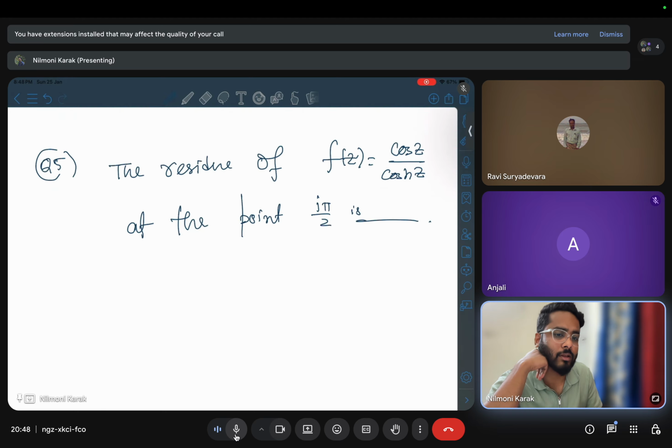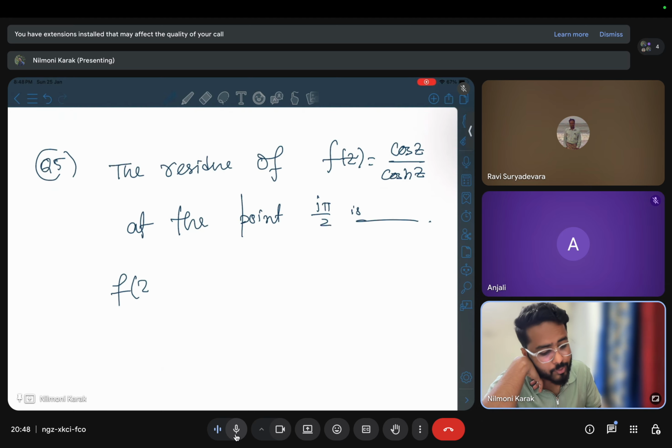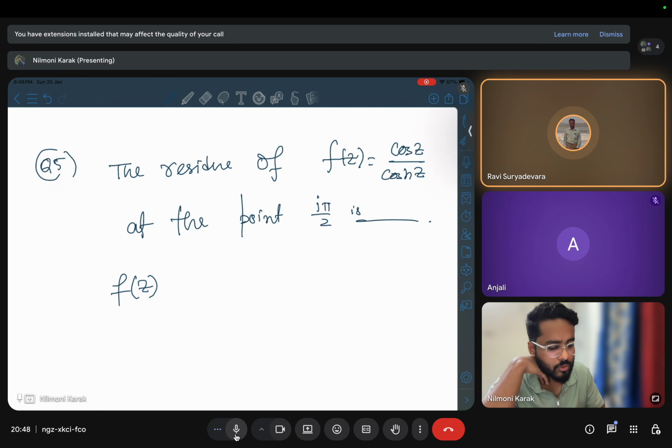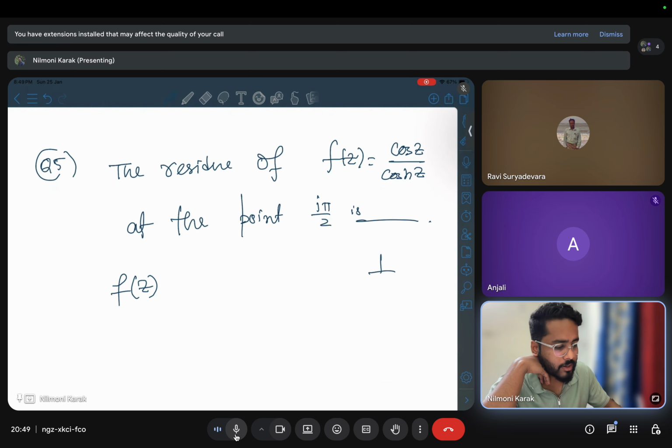How to calculate residue? First, do you know about pole, singularity? 1 by z minus 1, z equals to 1 is a pole.